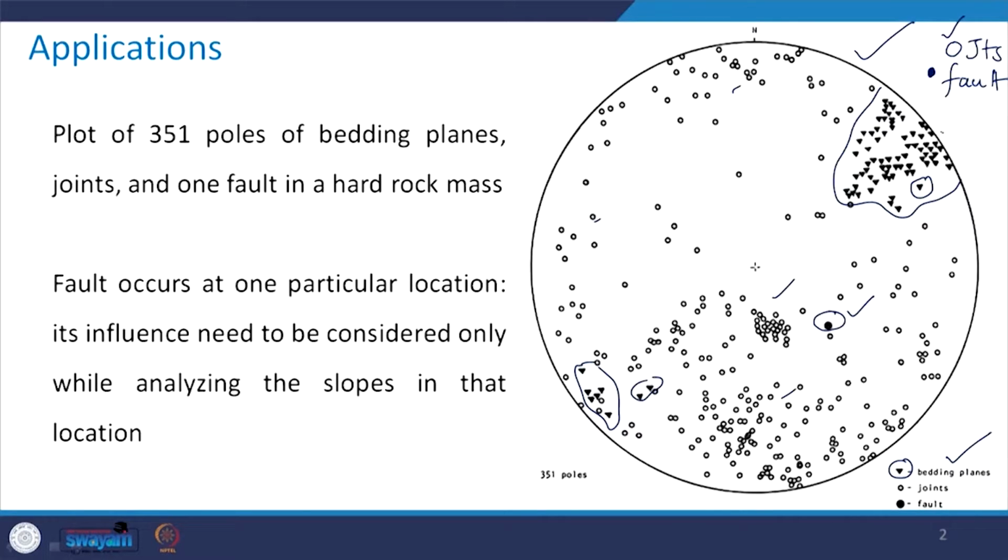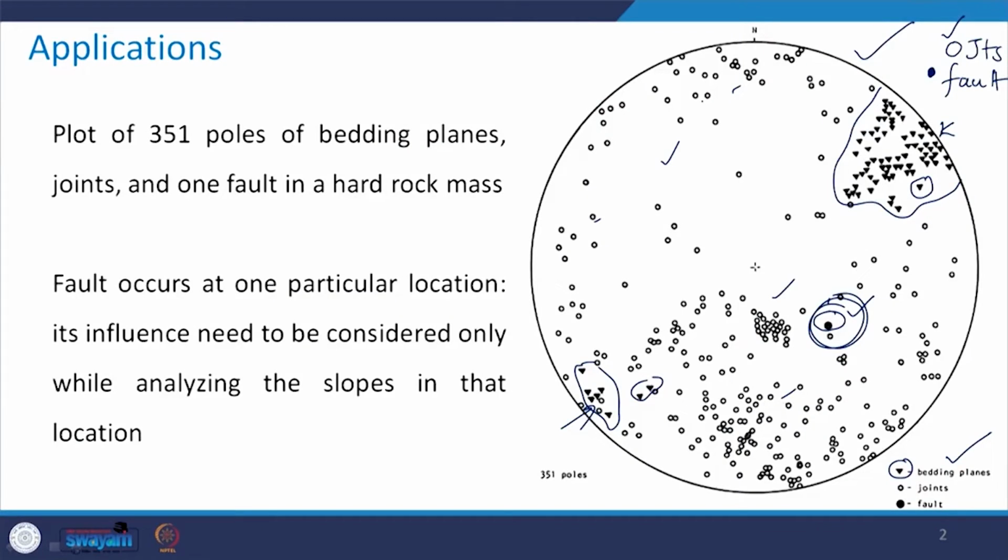As I mentioned, bedding planes are here in this zone and some are here in this zone. There is only one fault and joints are all around. So, as far as the fault location is concerned, we now know the location of the fault. Now, let us say I need to analyze a slope in this nearby area, then only do I have to bother about this fault, otherwise not.